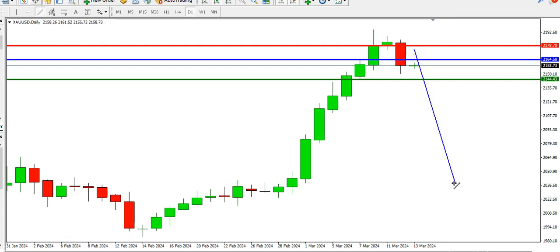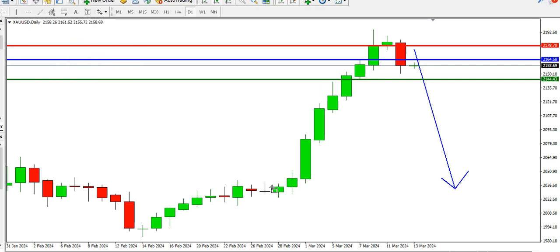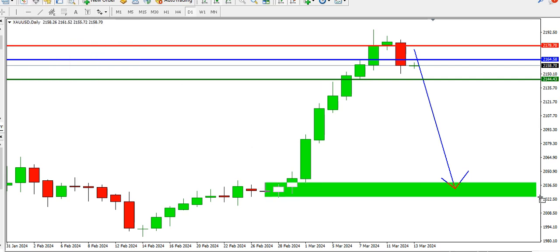Reversal up to what point will be known subsequently. But we have this particular order block around here on the daily time frame that might serve as a demand zone where buyers will pick price, but this is just a speculation.